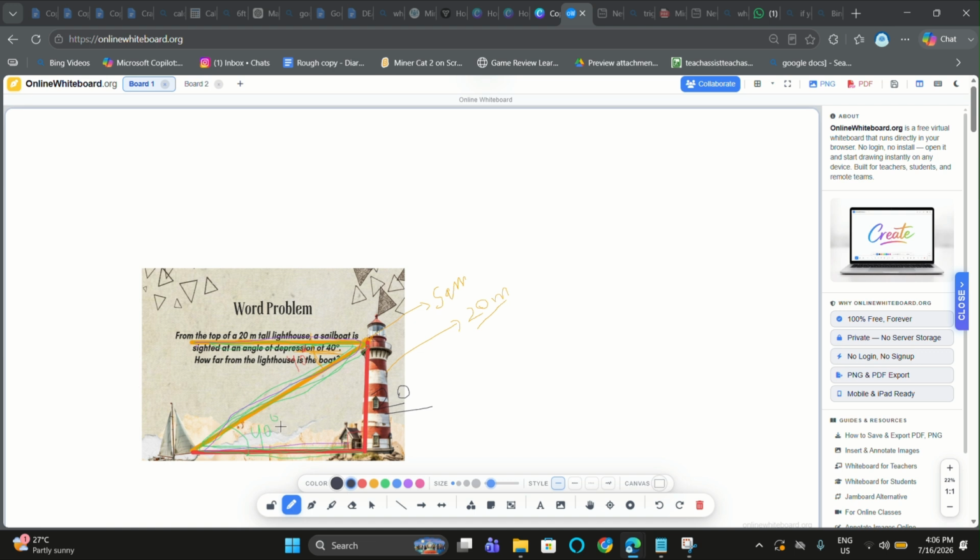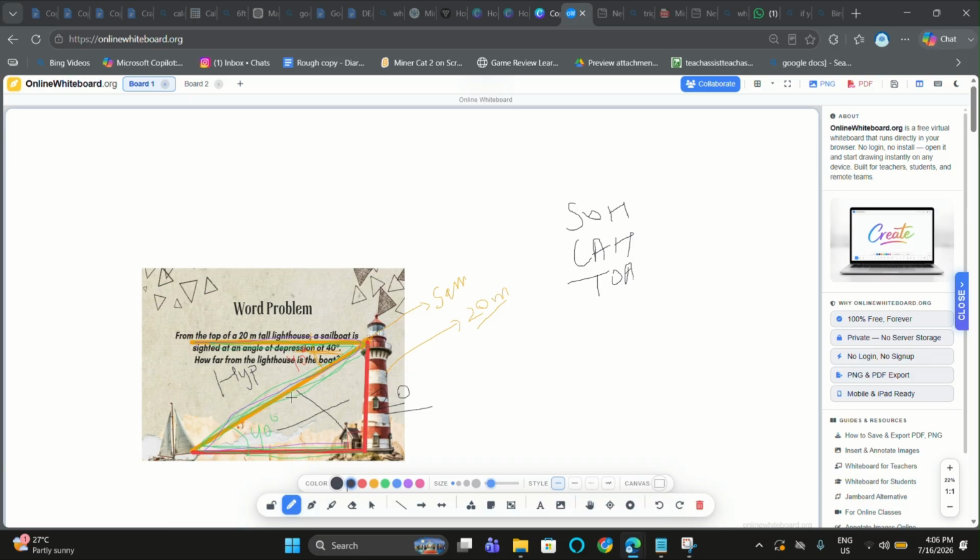So to do this, I'll zoom out a little bit. So what trig ratio do you have? SOH-CAH-TOA, right? So which trig ratio? So if this is our reference angle, let's label our sides first. We know that this is the right angle indicator. So what side is this? This is our hypotenuse. Cool. Why?